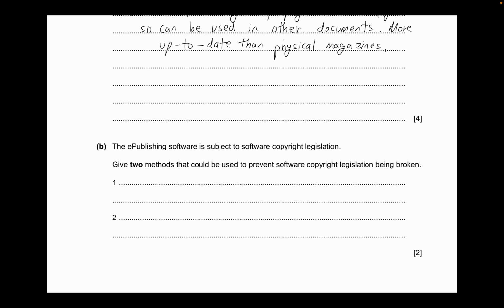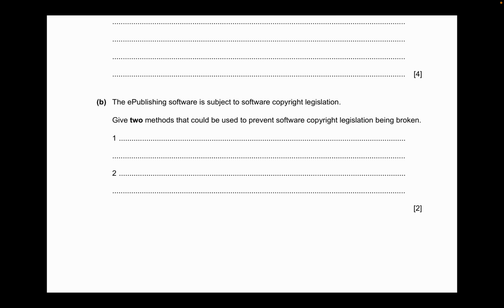Okay, next question. The e-publishing software is subject to software copyright legislation. Give 2 methods that can be used to prevent software copyright legislation being broken. So, you can mention that users type in a unique license key, or using a serial number or an authorization key.